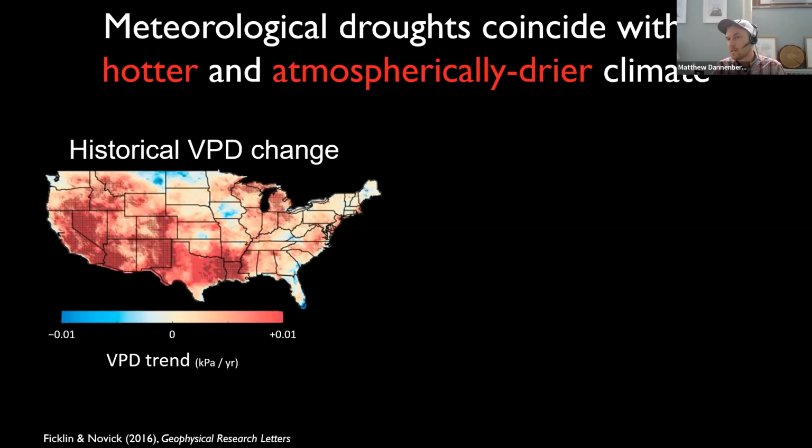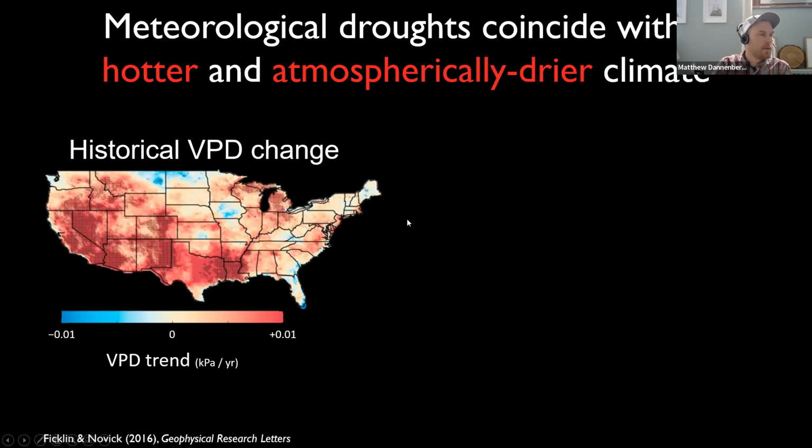And so even at a constant relative humidity, a hotter climate will have higher vapor pressure deficit. And so that means that meteorological droughts, precipitation deficits, will coincide with a hotter and atmospherically drier climate. And we've seen this both in the historical record.